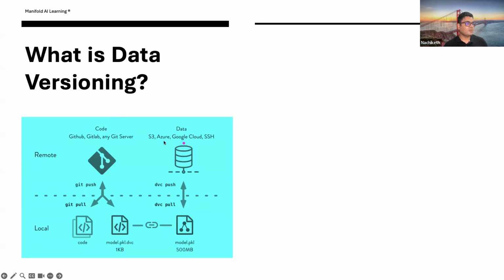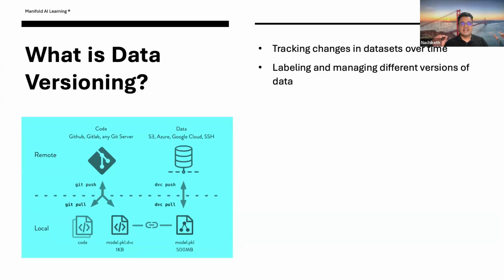Now, when it comes to the data itself, here we can make use of tools which are specific for versioning, so that we can track the changes in the data sets over a period of time. And this data versioning also involves labeling and management of different versions of the data.